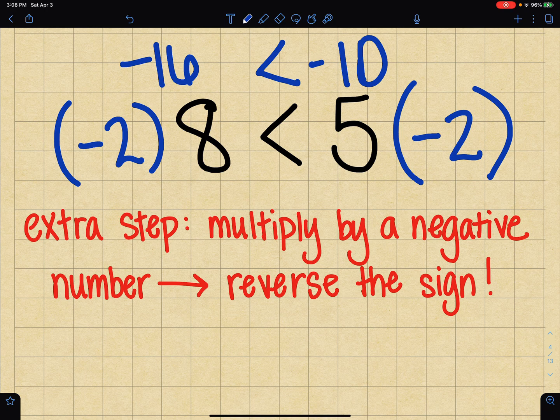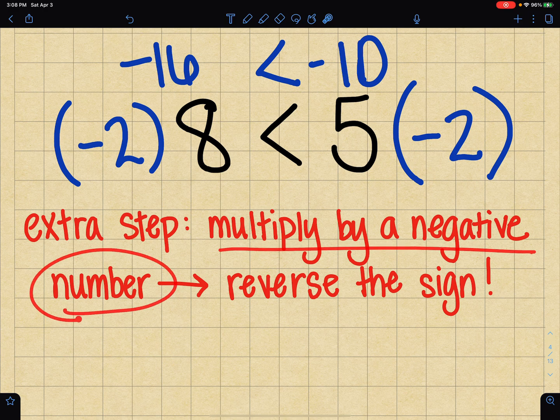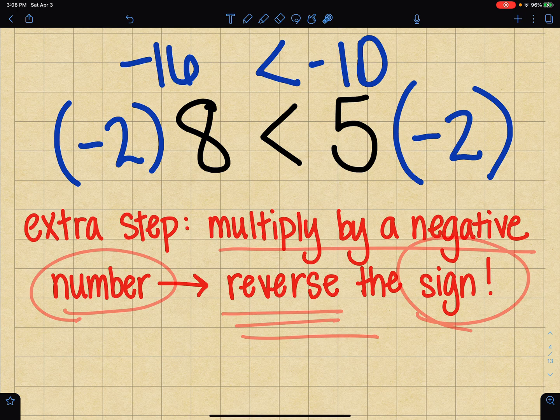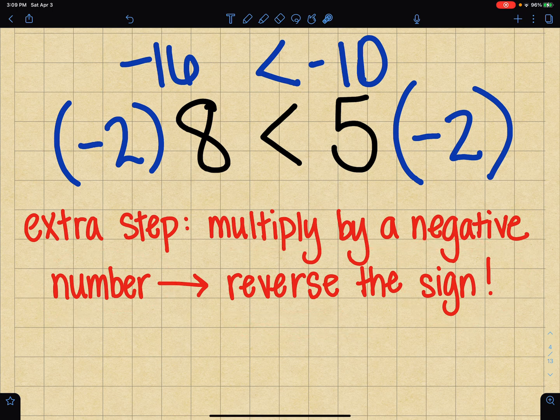So that's the rule that you have to remember. If you multiply by a negative number, you have to reverse the sign on an inequality. Okay, makes sense? That is an important nugget of information.